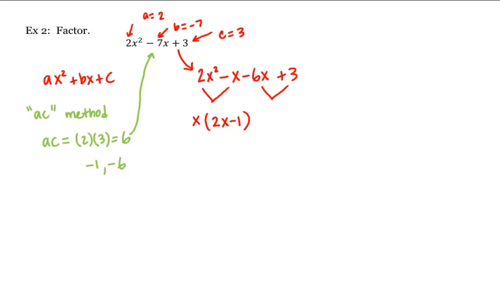And from the last two terms, we can factor out a negative 3, and then we're also left with 2x minus 1. Which then we can factor out this common binomial, which gives us our answer of 2x minus 1 times x minus 3.